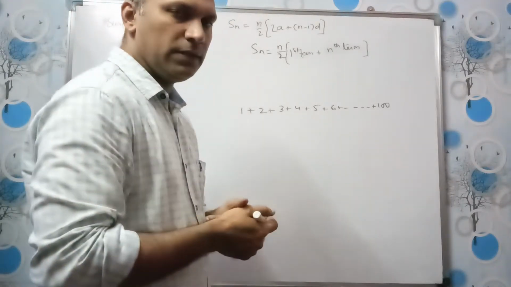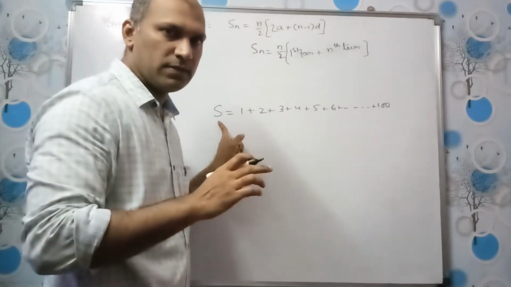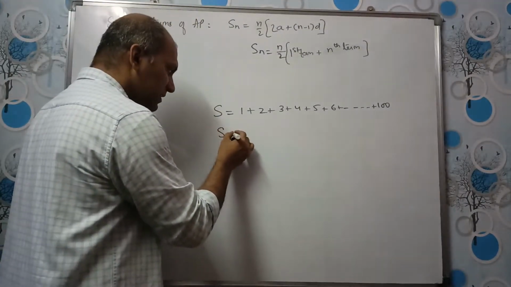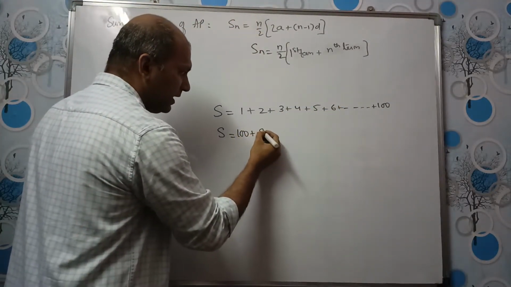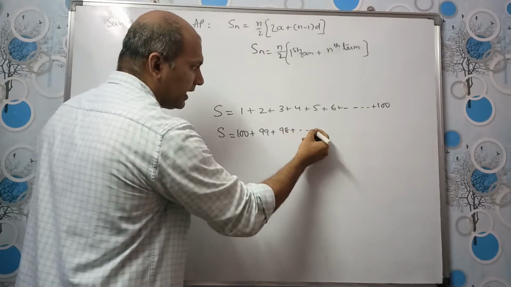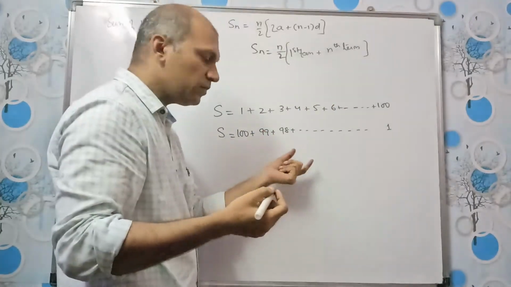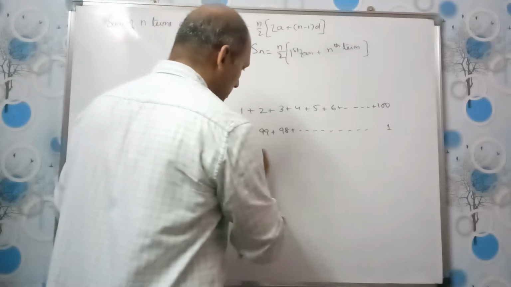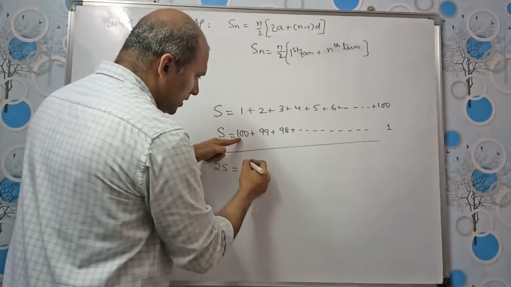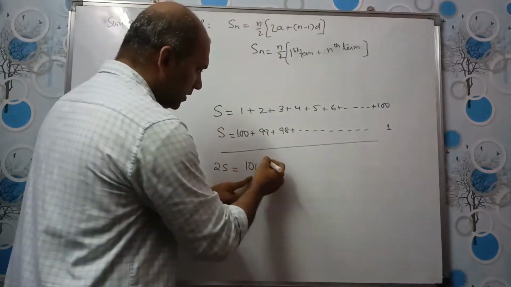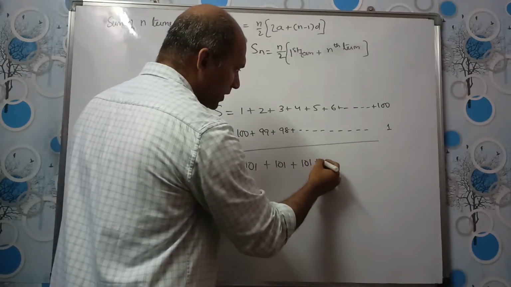Okay, a little lengthy, right? So let us do one thing, let us take that sum as S. Now this S will also be equal to the same thing if you reverse this series, right? If you write 100, 99, 98 and so on and write 1 here, if you reverse the series and add the numbers, it will still be S only, right? Now let us add this to S, so 2S is equal to 1 plus 100, 101. 2 and 99 is also 101, 3 and 98 is also 101 and so on.